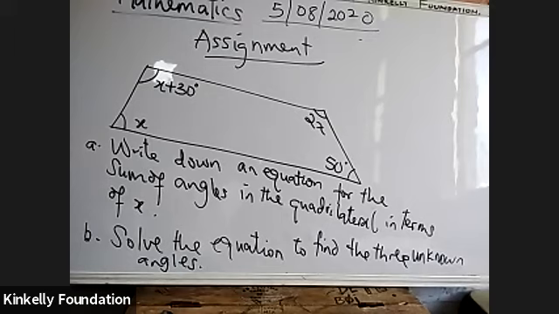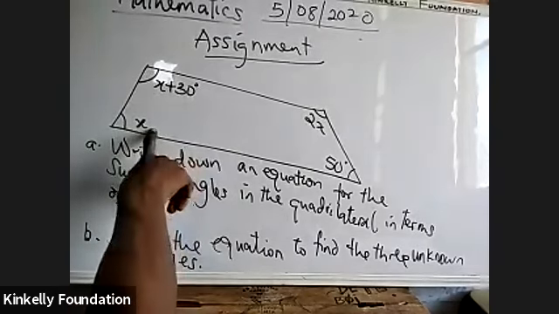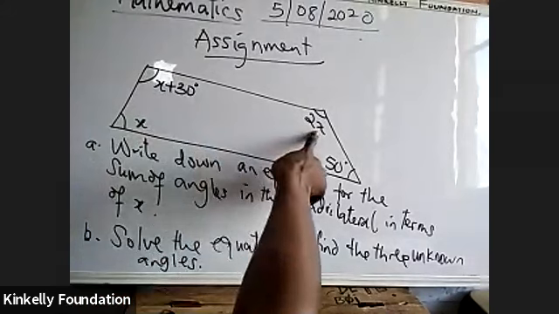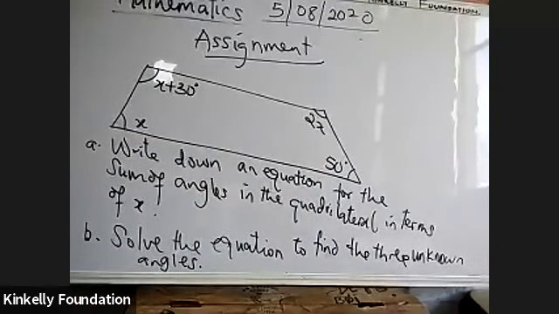What this means is that you sum all of them and equate to the sum of angles in a quadrilateral. And secondly, solve the equation to find the three unknown angles. Whatever you find as your x, you put it here and sum it, put the angle for x here, multiply the angle for x here, and it will give you all the three angles. That is what you are asked to do.